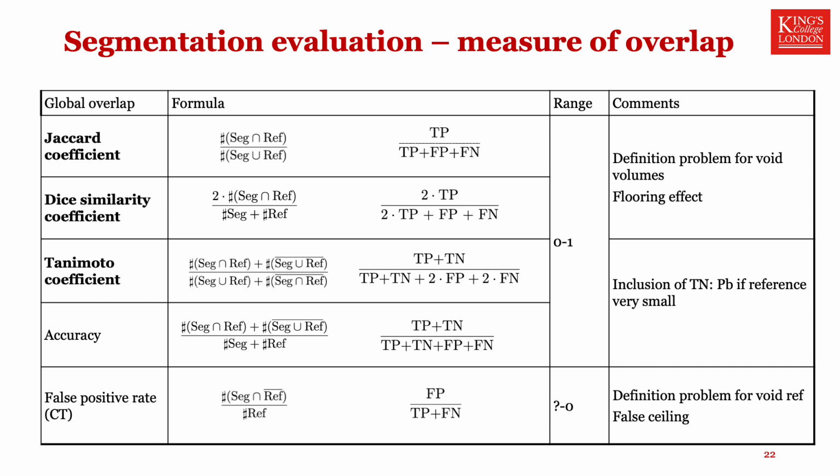You also need to be careful that with those situations you have some flooring effects, because if you have many false positives and no true positives, for instance, it will always be zero. It won't cost you more to make more false detection. So you need to account for that flooring effect.